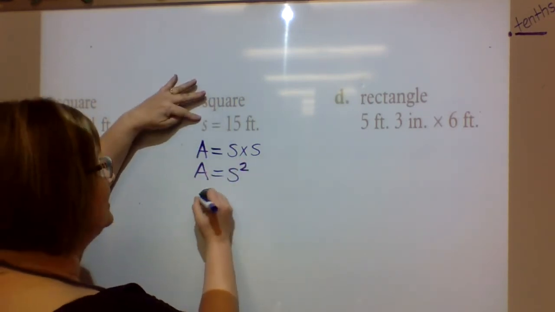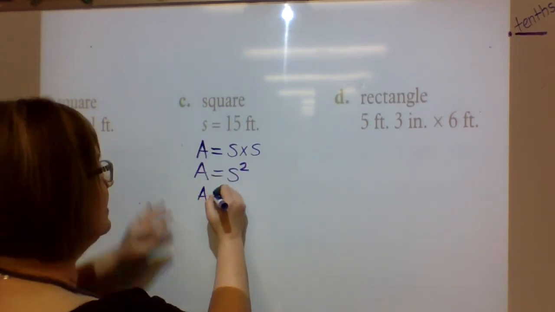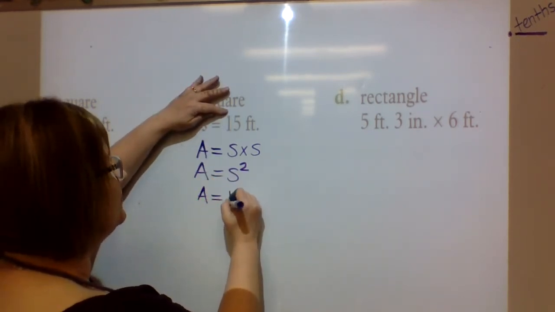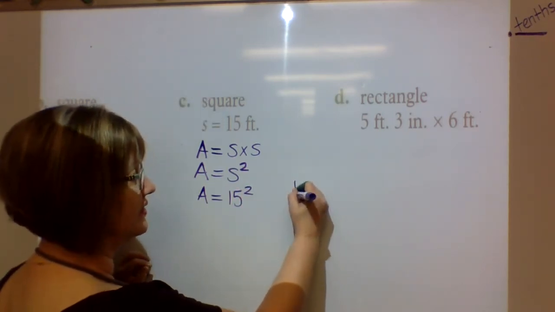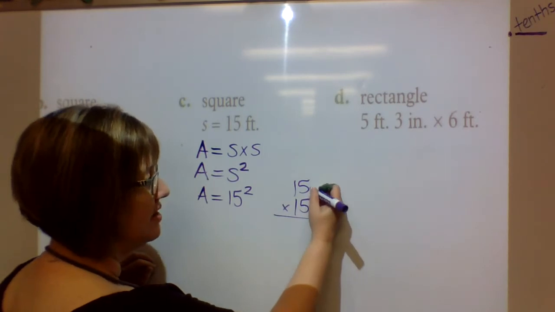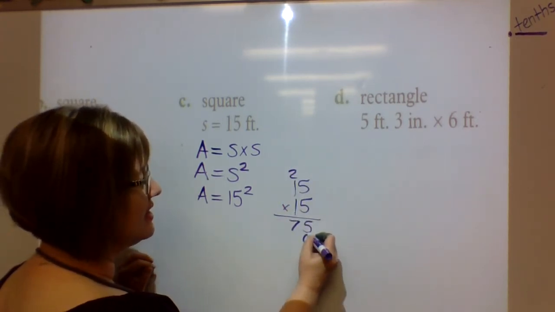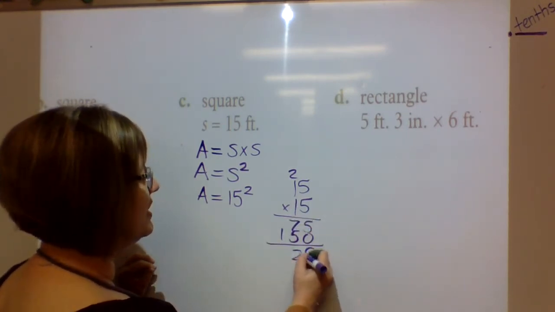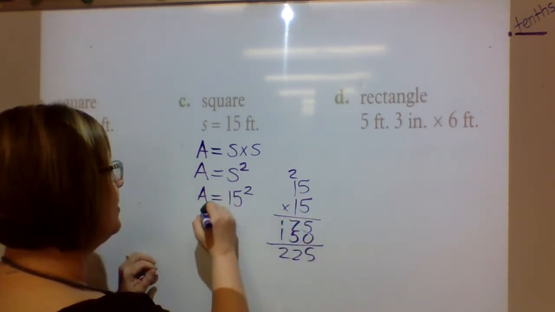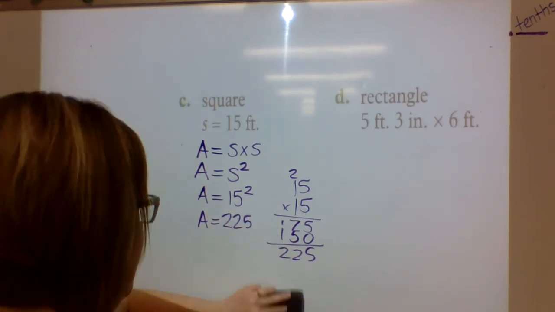So the side is 15, equals 15 squared. So then you have to know what is 15 times 15. 5 times 5 is 25. 5 plus 2 is 7. 1 plus 5 is 5. So area equals 225. What?